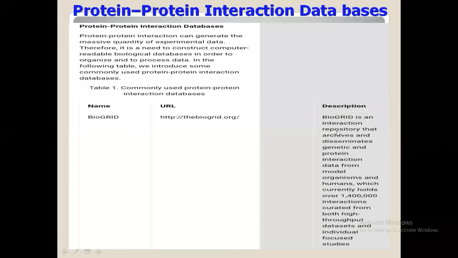It is an interaction repository that archives and disseminates genetic and protein interaction data from model organisms and humans, which currently holds more than 14 million interactions curated from both high throughput data sets and individual focused studies. So this is a very important one, one of the databases used for PPI.